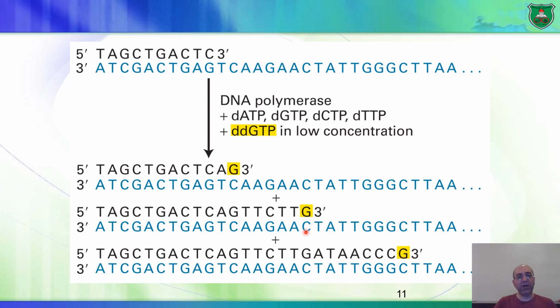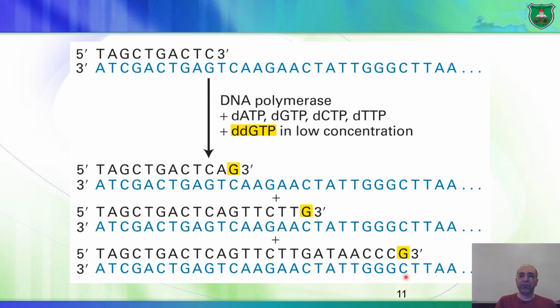If it adds a dideoxy G, synthesis stops. So let's say that for 400 out of 900, we have the addition of a dideoxy G. Now we have synthesis is terminated for these 100 molecules. So we have 800 molecules left where the DNA polymerase can continue synthesis.